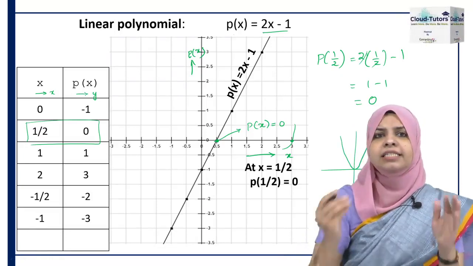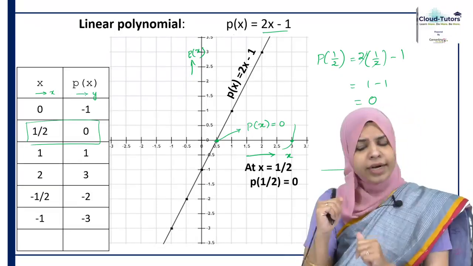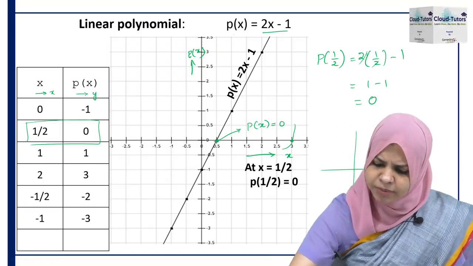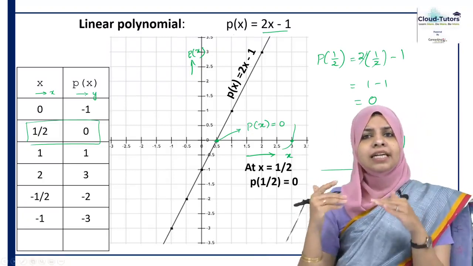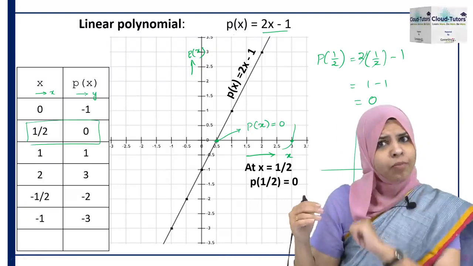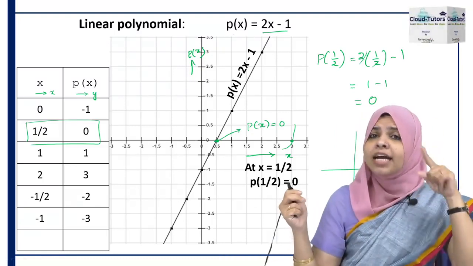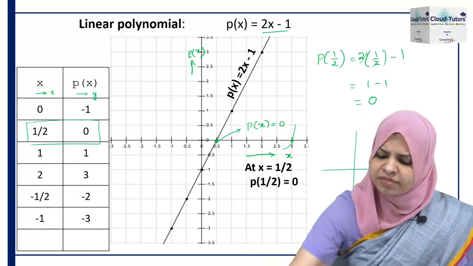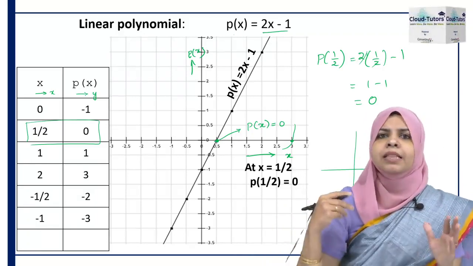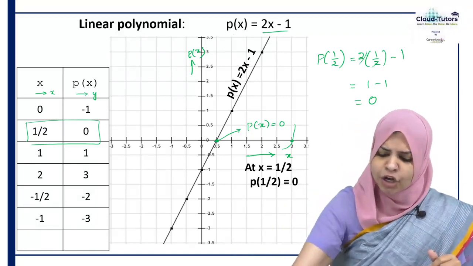Here you see it is exactly cutting at 1 point, right? Not necessarily does it have to be at the origin, it could be here as well, right? So it is touching the x-axis at only 1 point. That means that a quadratic equation can also have 1 root, or the graph can also be like this. That means that it has no roots.